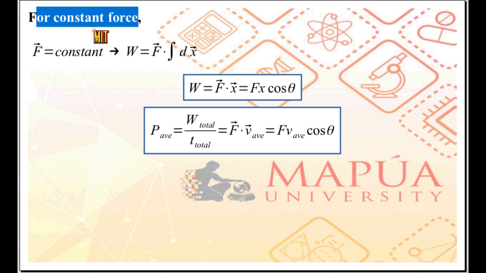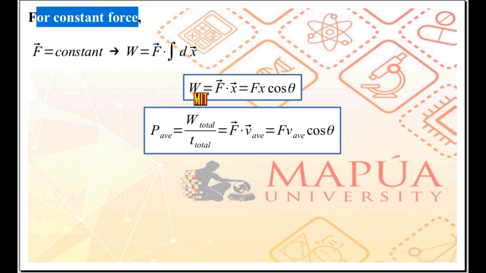So for constant force, the work done by the force is just equal to F dotted with x. That dot product, by definition, is equal to the magnitude of F times the magnitude of x times cosine of the angle between F and x. So work done by a constant force is equal to Fx cosine theta.